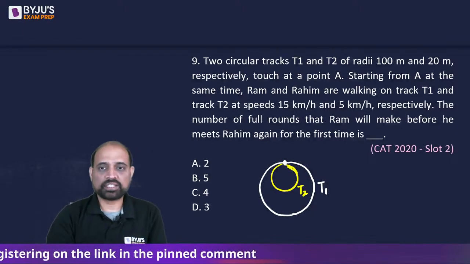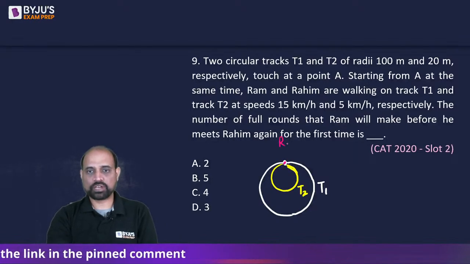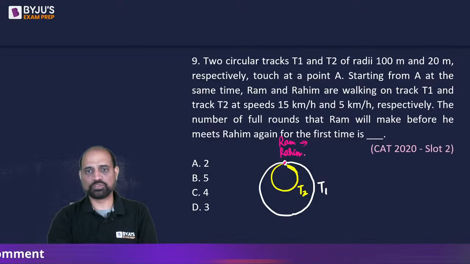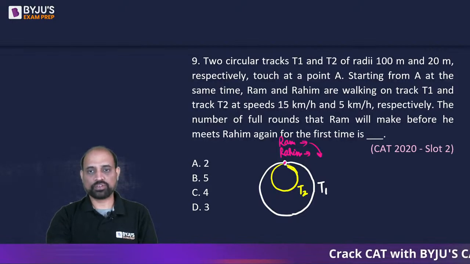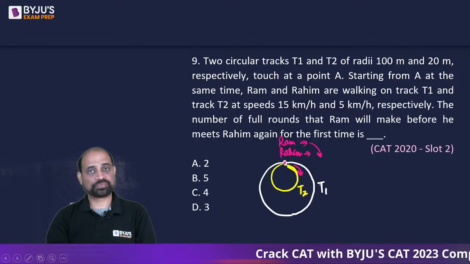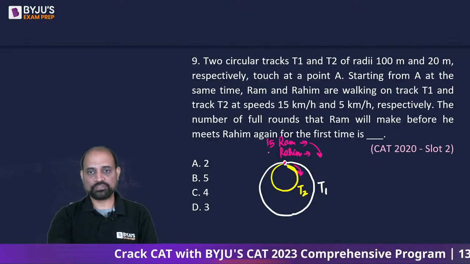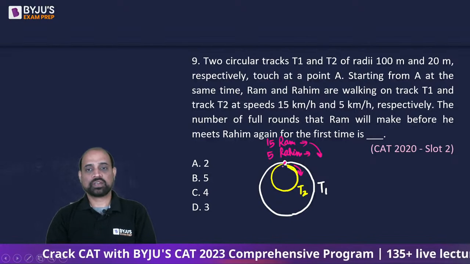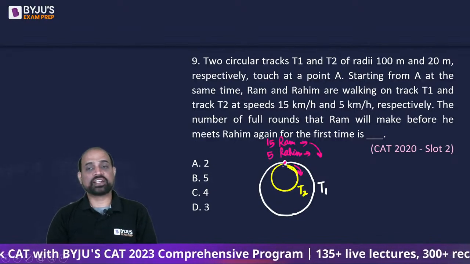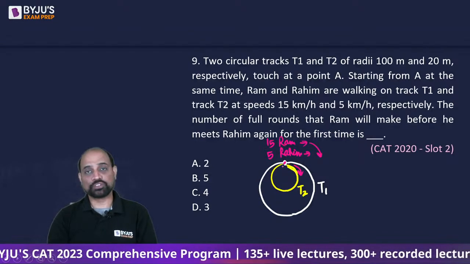Now, these are the two people who start from here. One is Ram and another is Rahim. It doesn't matter in which direction they move. So, Ram walks on T1 track and Rahim moves on T2 track, right? And their speeds are given as 15 and 5. The number of full rounds that Ram will make before he meets Rahim again for the first time is.